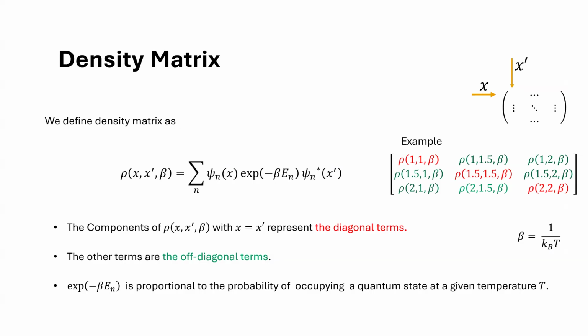So when x is equal to x prime, these terms, in red in this matrix, are the diagonal terms, and the other terms in green are the off-diagonal terms.